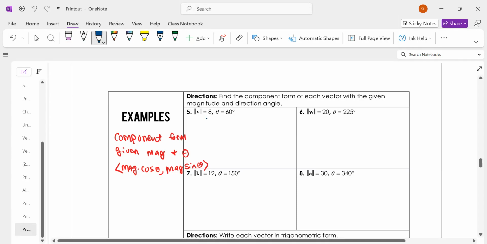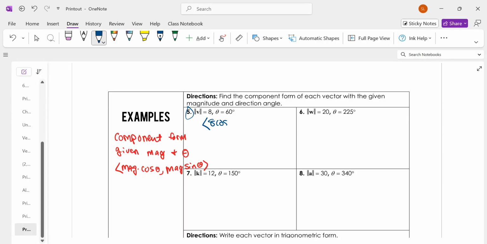So if I know magnitude of 8, angle of 60 degrees, component form is going to be 8 cosine 60 degrees, comma 8 sine of 60 degrees. And let's plug those in. Degree mode. Getting 4, comma, 6.93.